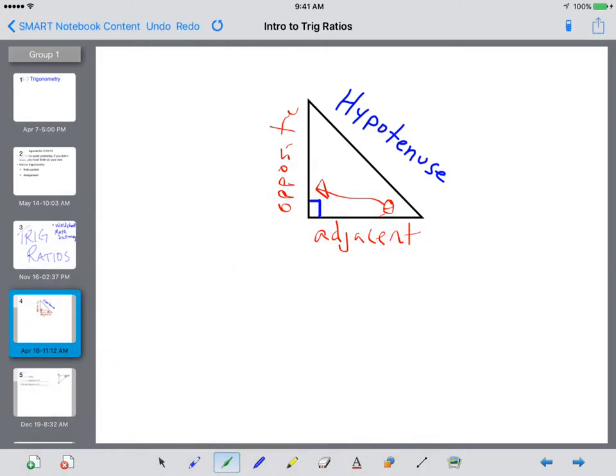Now what happens is, I'm going to do this in a different color, we either reference the red theta angle in a trig problem, or if I put theta up here in green, we could reference that angle in which the opposite side and the adjacent side would switch. And this side would become the adjacent.